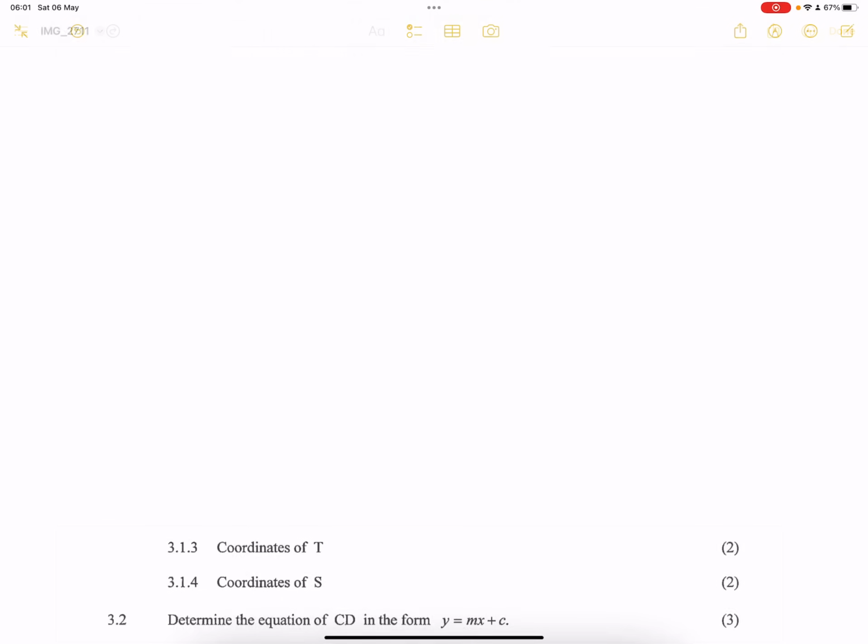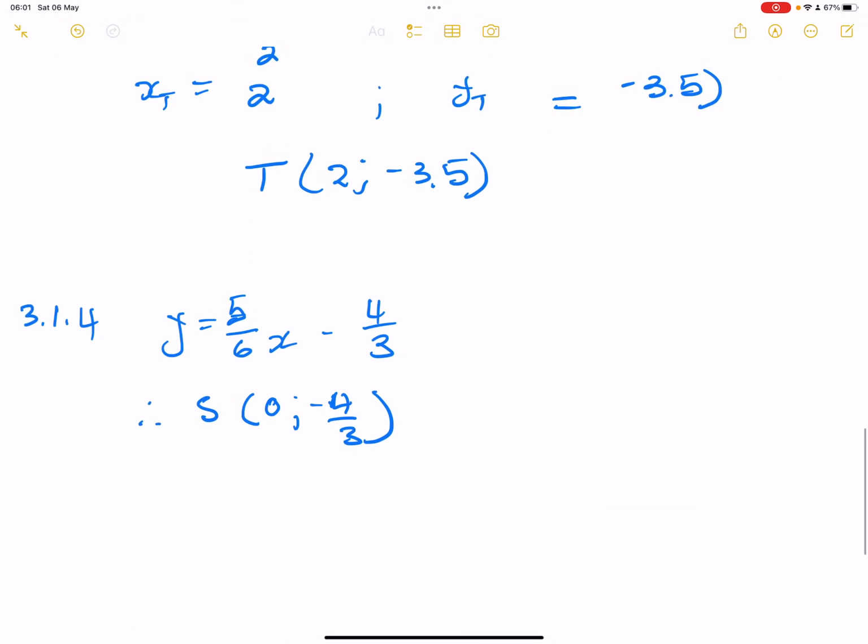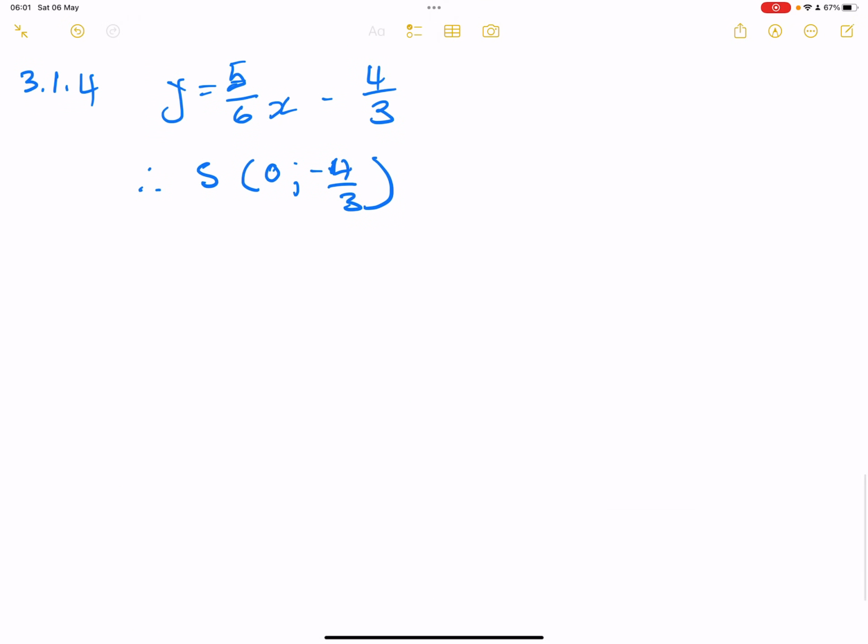We can obtain the y values there. Okay, so we know that CD is parallel to AB. So in this case, it means that m_CD would be equal to m_AB, which is equal to negative 3.